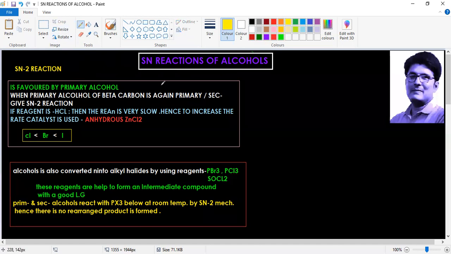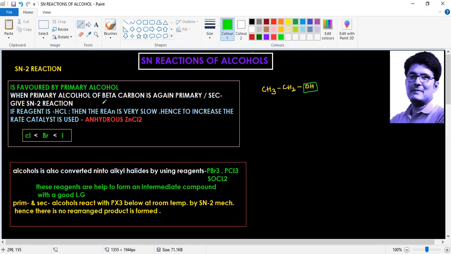CH3CH2OH is an example: the OH group is attached to a carbon that is attached to only one other carbon. So this is a good example of a primary alcohol.